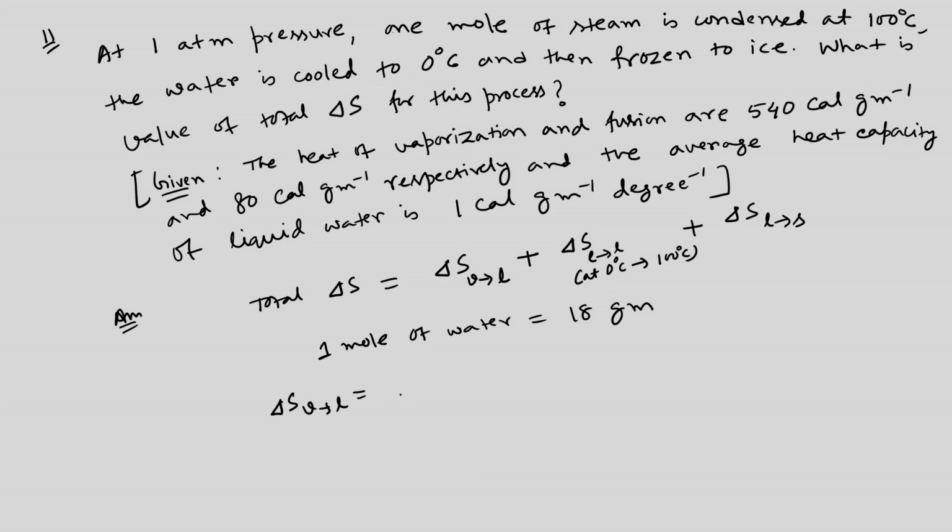Vapor to liquid, so heat is released by the system. So, we have the minus sign here. So, 18 times 540 by temperature, which is 373. Okay. And it gives us minus 26.06 calorie per Kelvin.